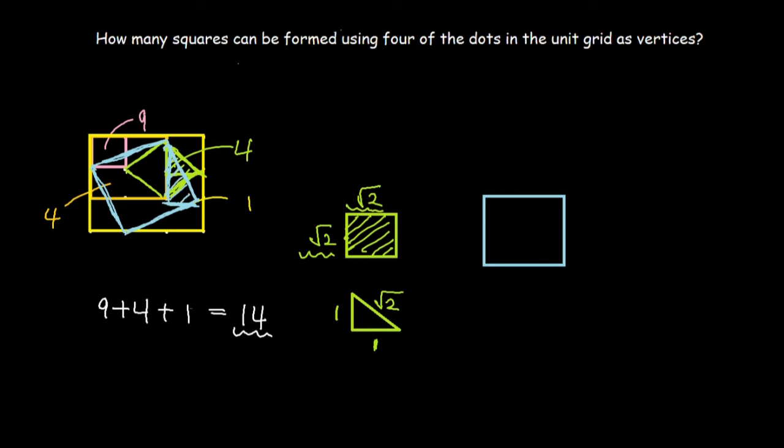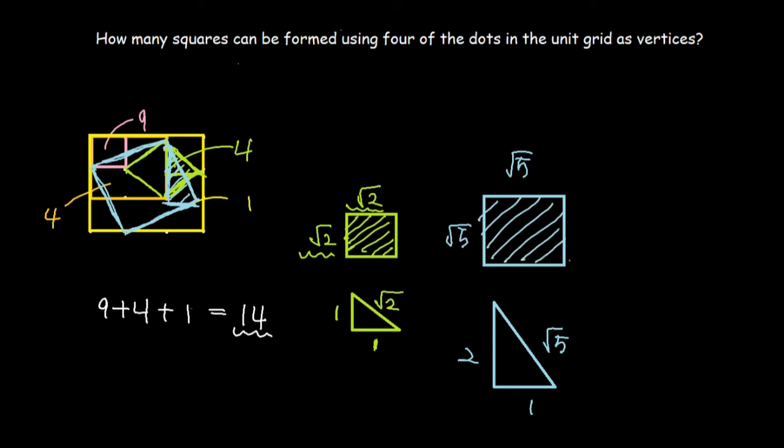And if we zoom on the triangle, this is obviously 2 and 1. So you should be able to find that the hypotenuse is radical 5 just by using the Pythagorean theorem. So we can find a radical 5 by radical 5 square again. How many of these can you locate? Don't put 4.